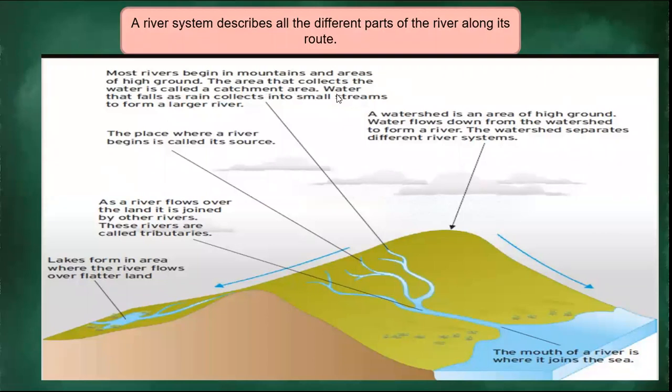Water that falls as rain collects into small streams to form a large river. So from here, on top of the mountain, the water that falls as rain collects into small streams. So the small streams will form large rivers. Okay, continue.